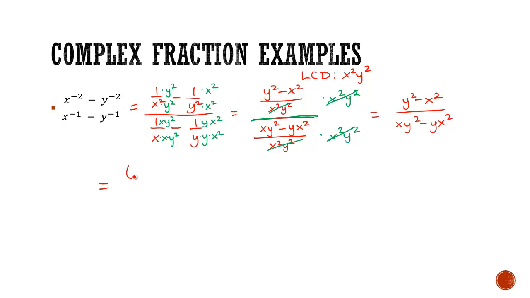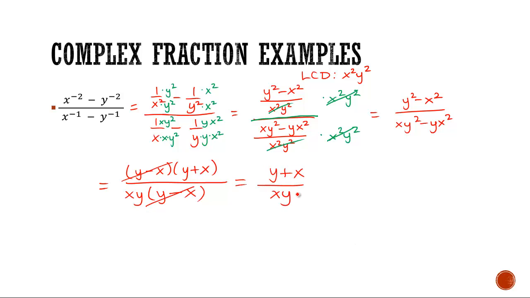Y squared minus x squared will be y minus x, y plus x factored. And the denominator has a common factor of x and y, leaving us with y minus x. Now we have a common factor of y minus x, so we've got y plus x over xy left.